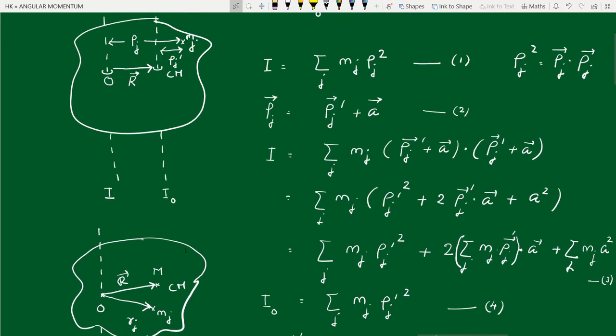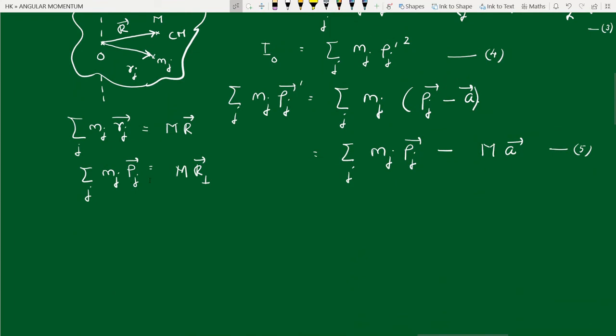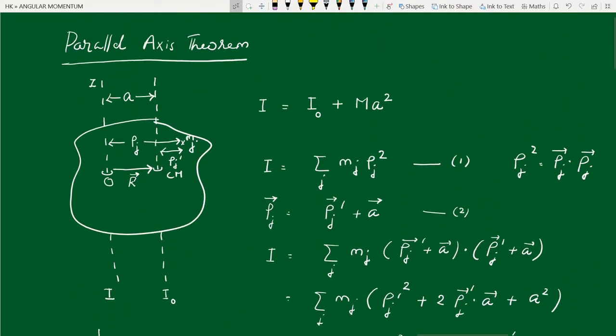Now coming back here, if we choose the origin so that it lies along the z axis, and apply this equation, summation over j of mj rho j is equal to M r perpendicular. What is r perpendicular? It is the perpendicular vector from this axis to the center of mass.